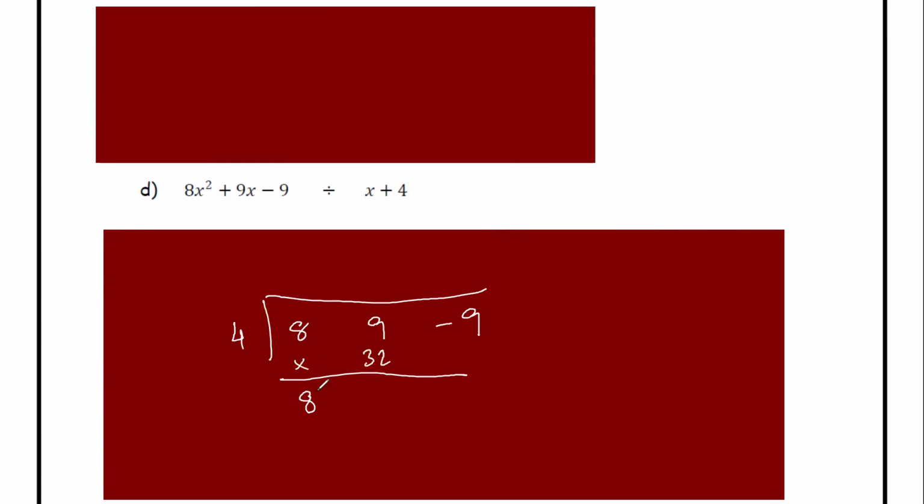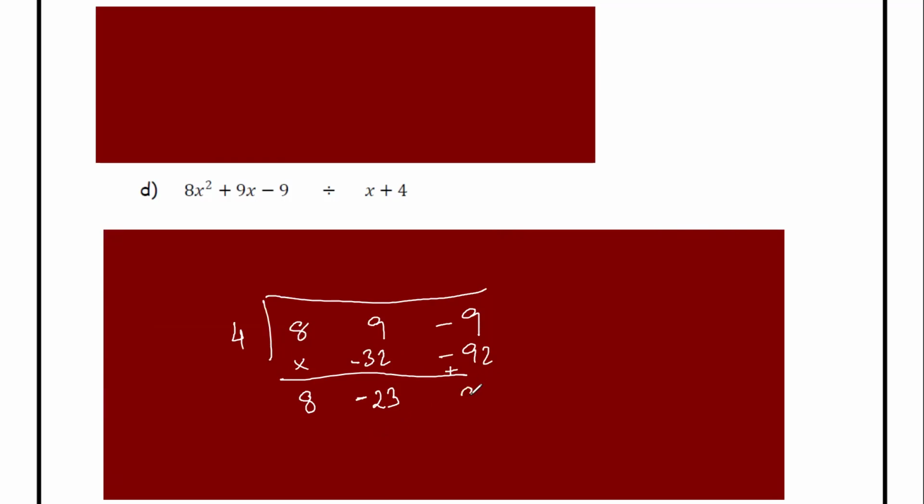Remember, nothing comes here. So 4 times 8 is 32. Change the sign. So I got negative 23. Now 4 times negative 23 is 3 4s are 12, and 2 4s are 8, 92. So negative 92. Change the sign.